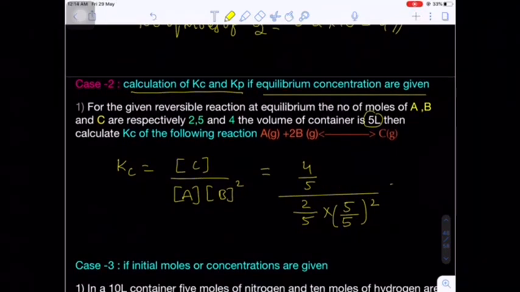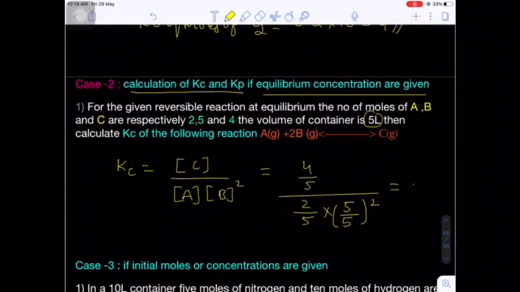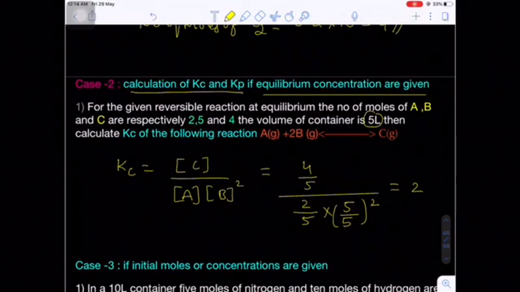Are you getting my point? From here the Kc value is 2.